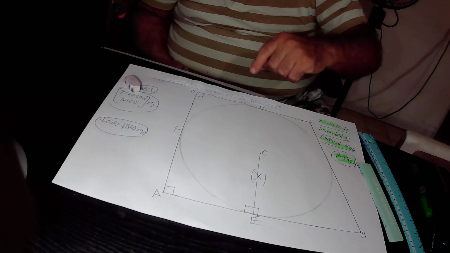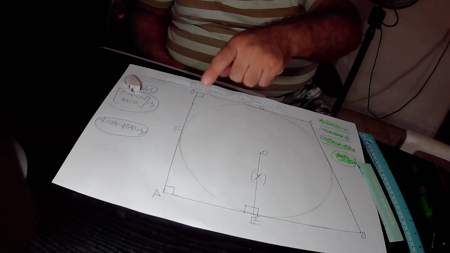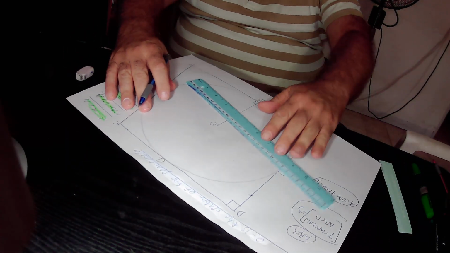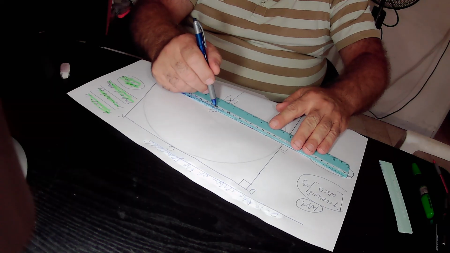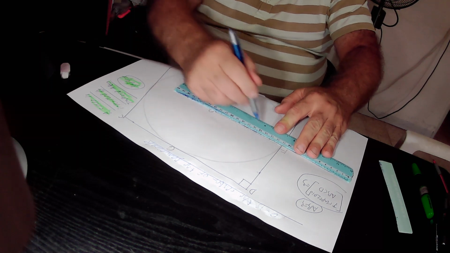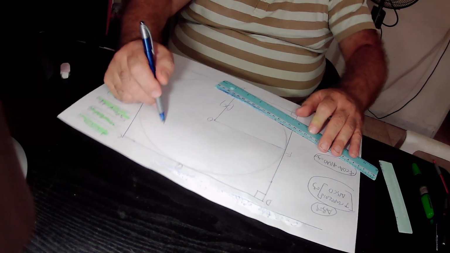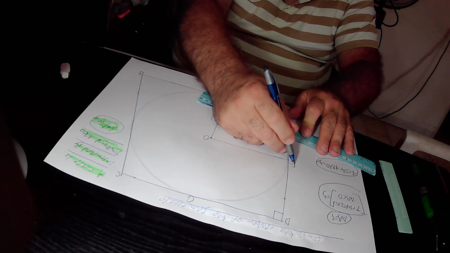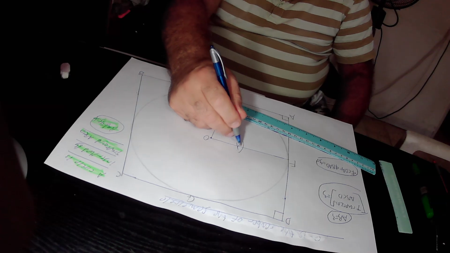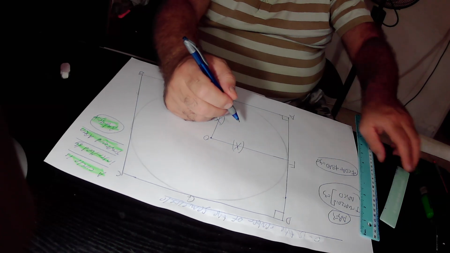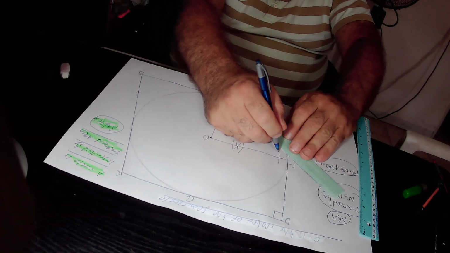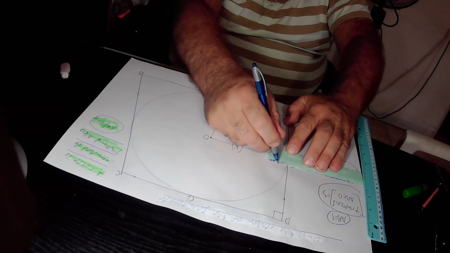In the next step, we'll join points O and F together by a straight line. OF is of course the radius of this circle, equal to X, and according to rule 1, this angle equals 90 degrees, and this angle also equals 90 degrees.